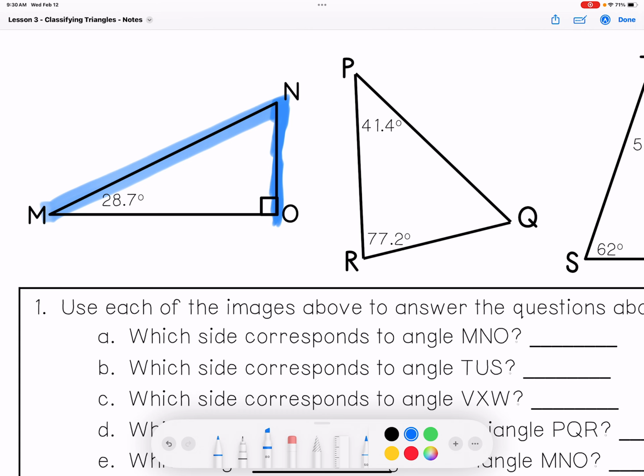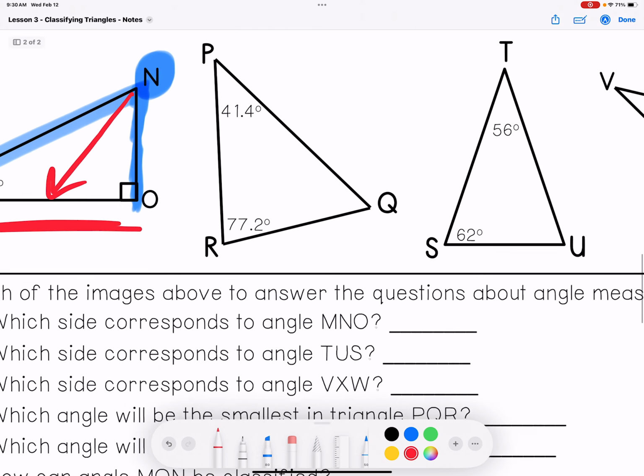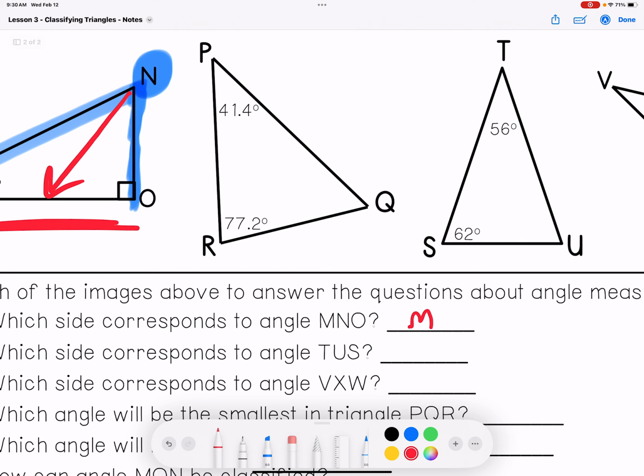So it's talking about angle N, because it's in the middle. Which side corresponds to that? It's this side right here, which is MO. And the way that we write that is we write MO with a line over top of it. That tells us we're talking about the line segment MO.